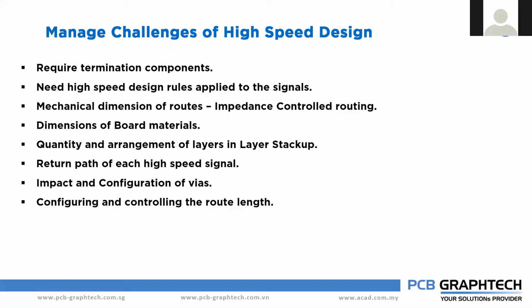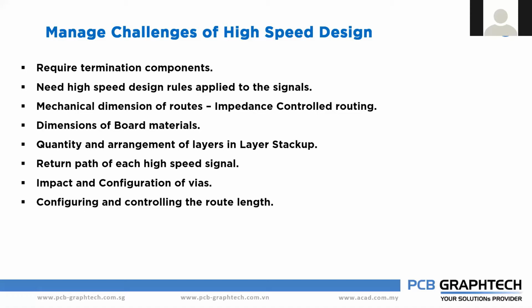Okay, and also you can arrange the layers, because you know your board is a high speed design, so you can select whether it's a 2 layer board or 4 layer board accordingly. Then, based on your return path, you can select the return path, and for this you also have rules that can be set inside your design rules. Next, for vias, normally for high speed design we will not ask to use vias.